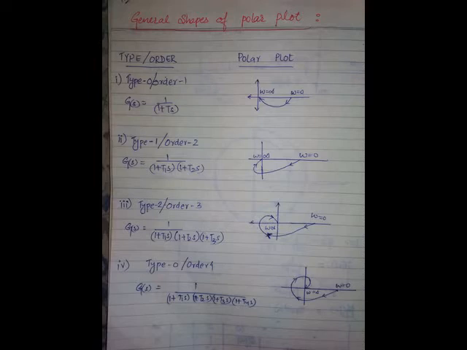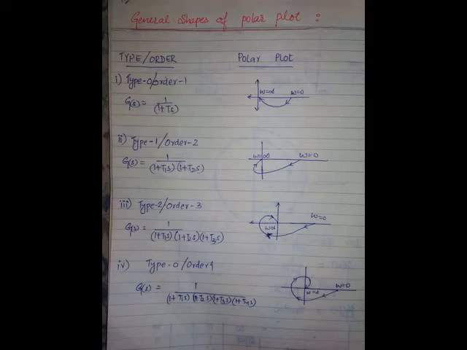It starts at an infinite point when omega is 0, and when omega is infinity, it terminates at origin. A type 1 plot, when omega is 0, starts from an infinite point at an angle of minus 90.